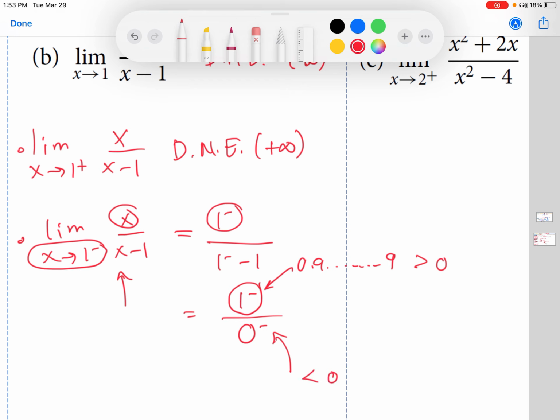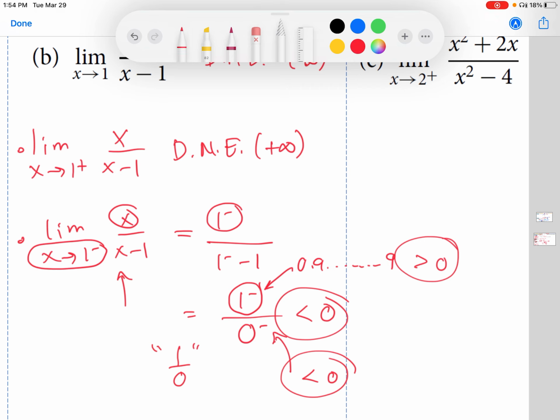It's negative. So positive divided by a negative is a negative number. Okay, and it's effectively 1 over 0, quote unquote. And like we talked about before, that is driving us toward an infinity of some form. Because it's negative, we put these two pieces together, and that tells us that this limit is approaching negative infinity.